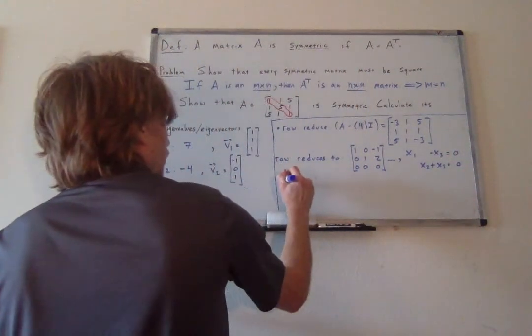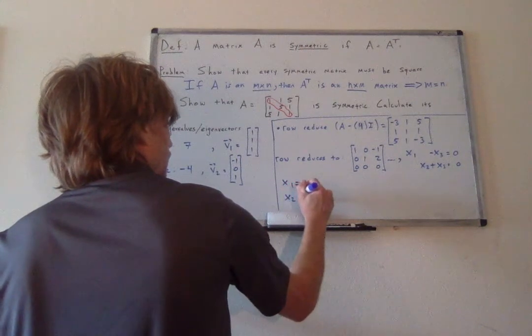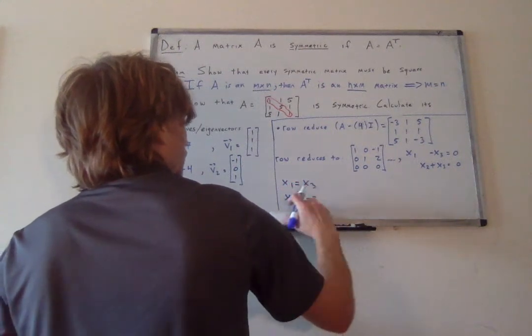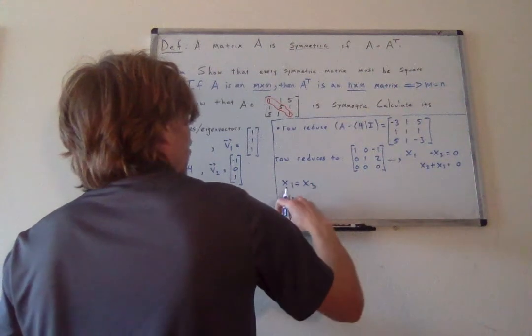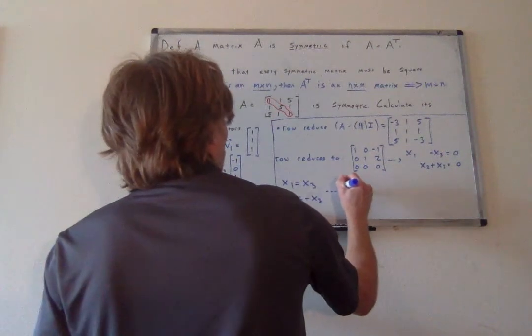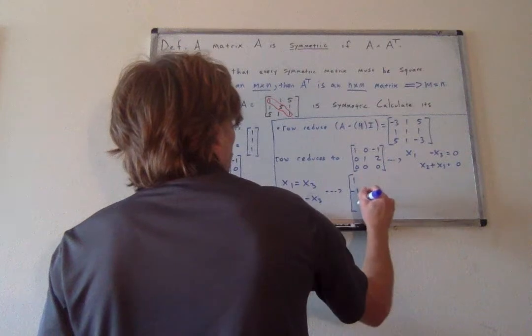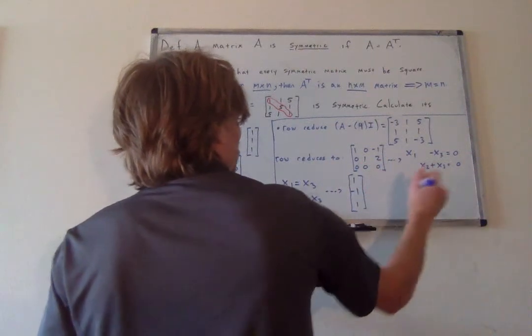And so again, I solve for my free variable x3. And so this corresponds to the parametric vector form solution 1, -1, 1. Oh, that should be 2.